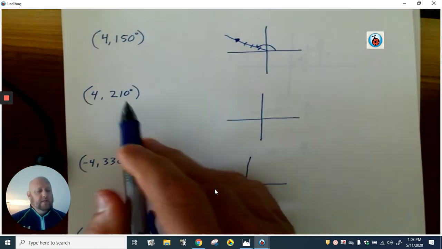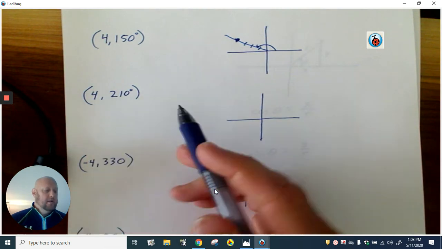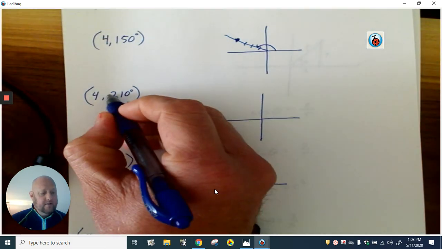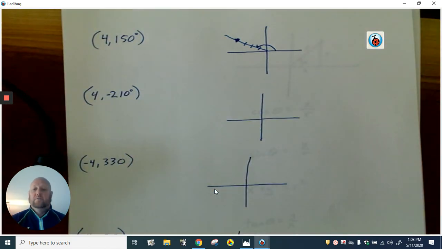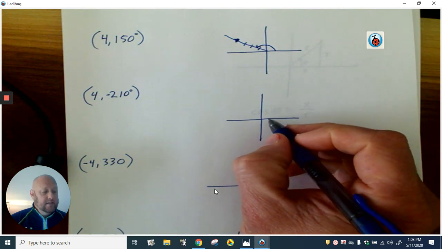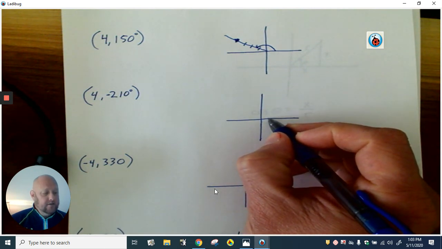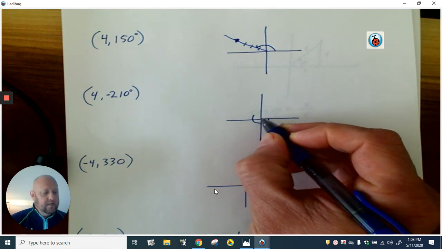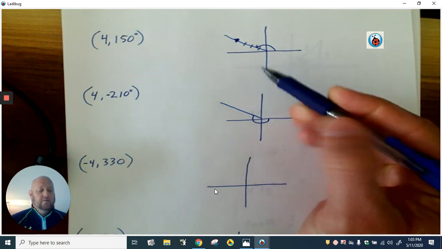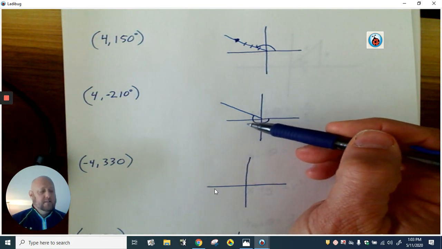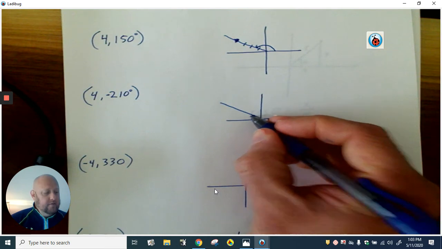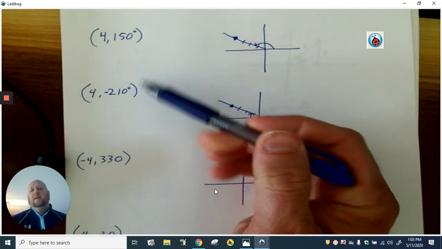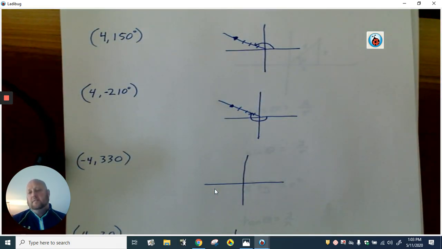Well, the point (4, -210°), sorry, I forgot the negative, would actually be the same point, because for a negative 210-degree angle, we'd go down; there's negative 180, we go up 30 more. So the angle is coterminal with 150. It ends in the same spot. And then again, we would go out 1, 2, 3, 4. So again, these two angles actually get you to the same place.